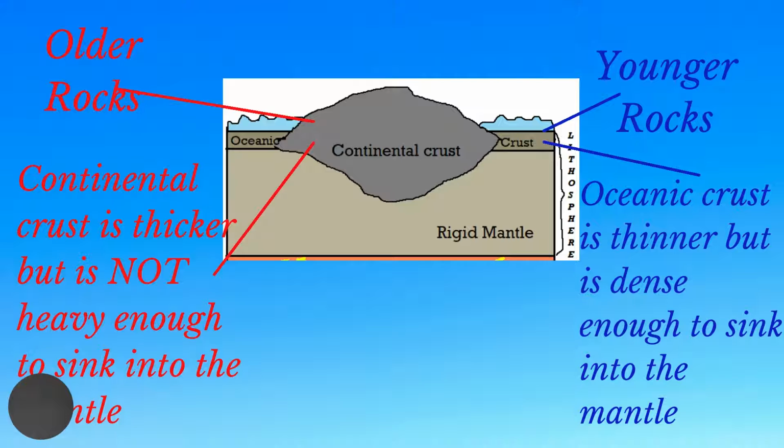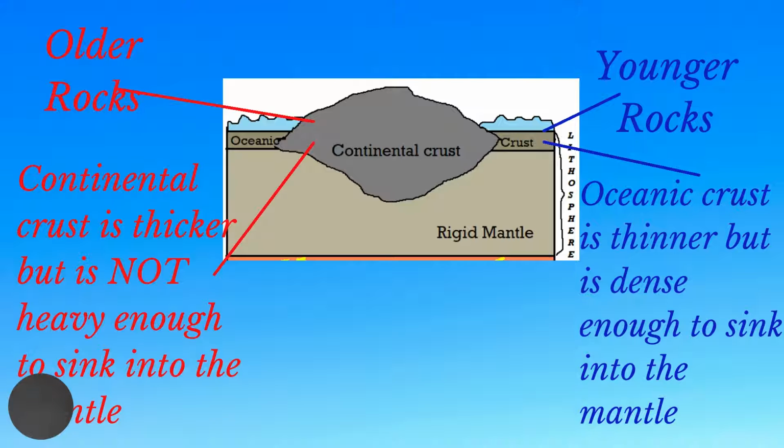Now, for us to appreciate what goes on at plate margins, we need to also understand the difference between the oceanic and continental crust. So the oceanic crust is the type of crust that forms the ocean floor, while the continental crust basically forms the continent.